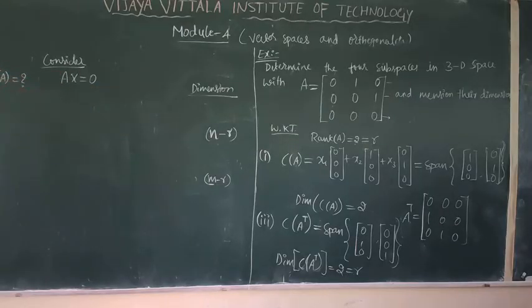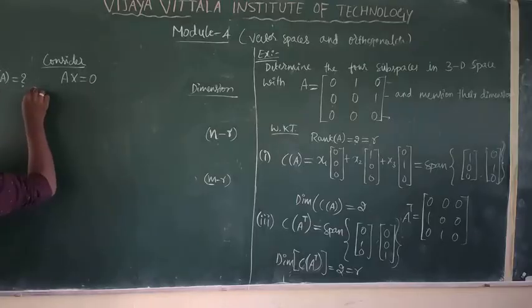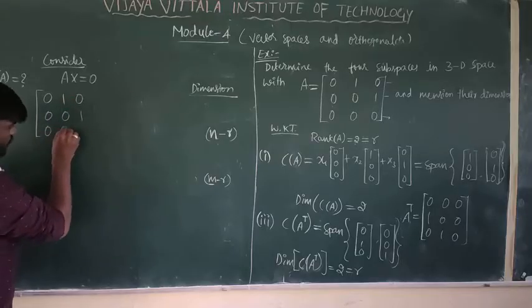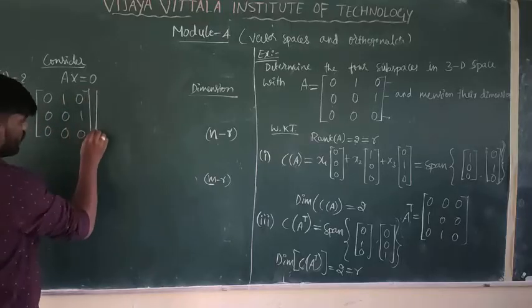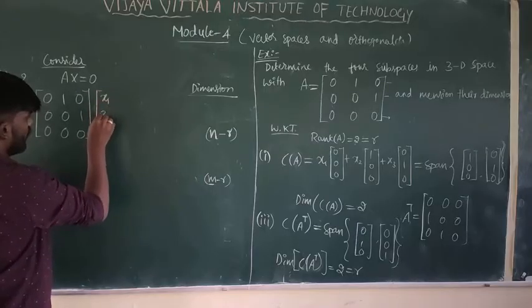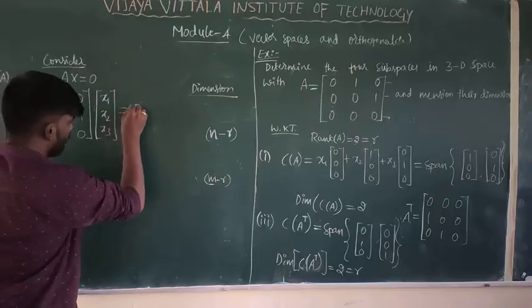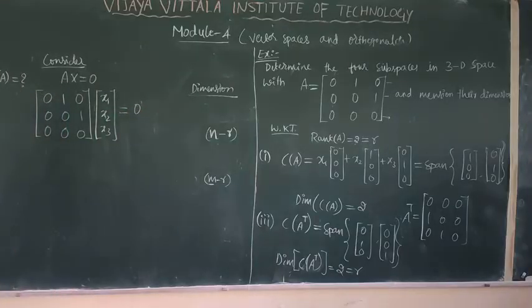A is 0 1 0, 0 0 1, 0 0 0, and x contains x1, x2, x3, which equals 0. Here 0 means the 0 column vector.